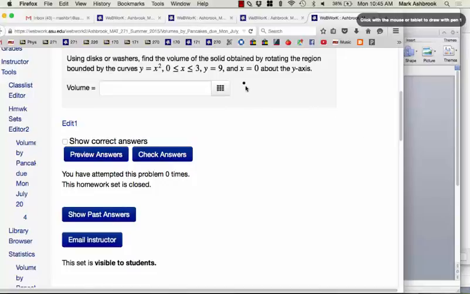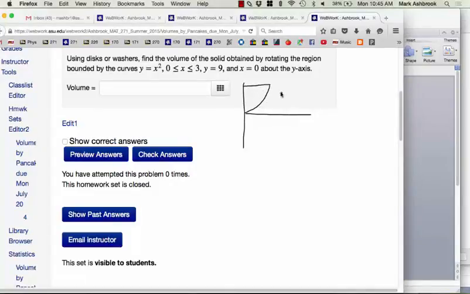So now, taking this to the next level, I've got my region, and I want to revolve around the x-axis. What will we get when we revolve this around the x-axis?